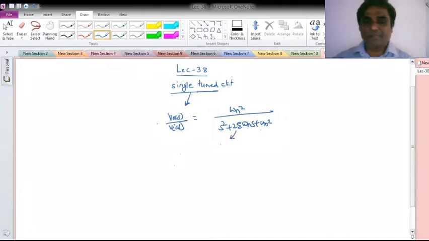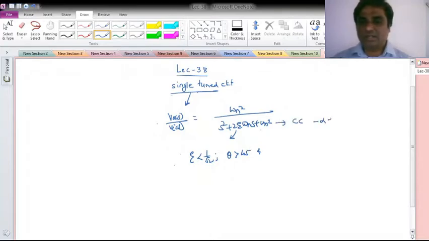We have seen that if zeta is less than 1 by root 2, when theta is greater than 45 degrees, the roots will be complex conjugate, that is minus alpha plus minus j beta. In order to get the peaking, zeta has to be less than 1 by root 2, theta has to be greater than 45 degrees, and beta, the imaginary component of the pole, has to be greater than the real component of the pole.